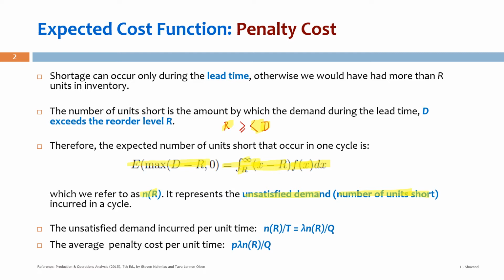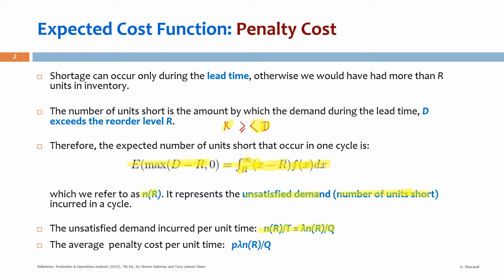But as you know, we have multiple cycles in our time unit, let's say in a year. So in order to have the expected number of units short during the time unit, we need to multiply this by the number of cycles per year. As you know, 1 over T, or lambda over Q, is the number of cycles, so lambda over Q times N(R).